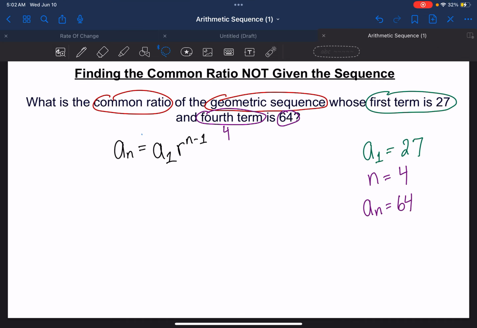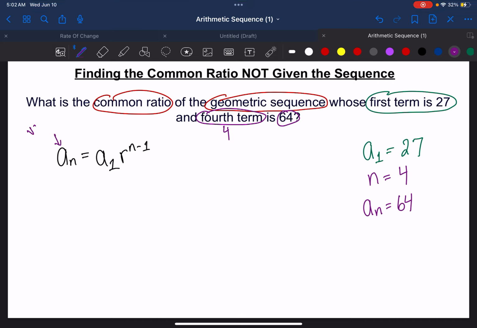Let me move this just a little and annotate the same way that I annotated in the other video. A sub n is the value of the term.